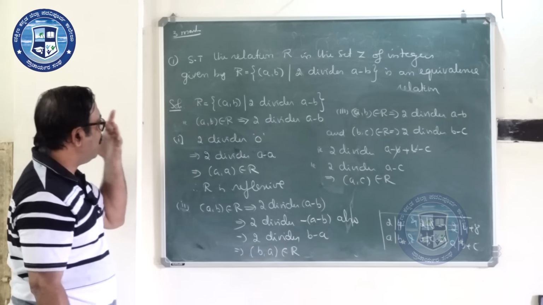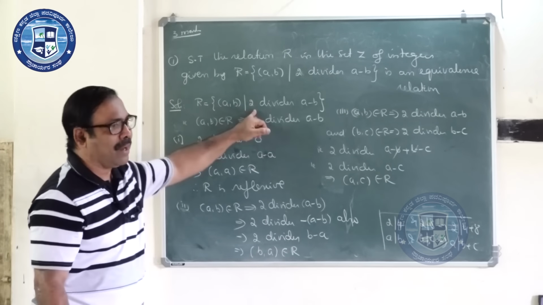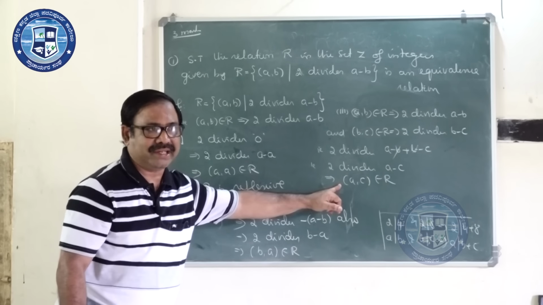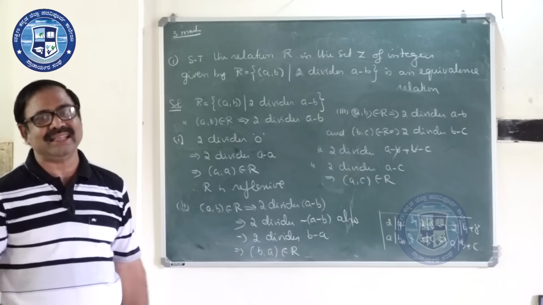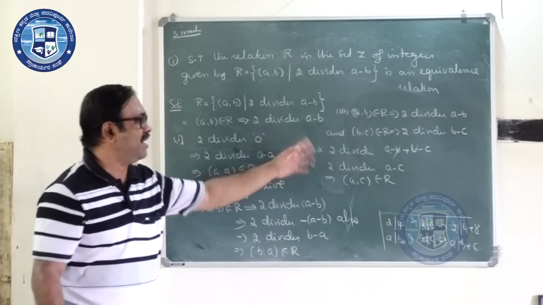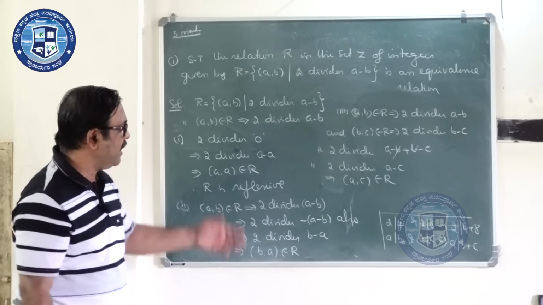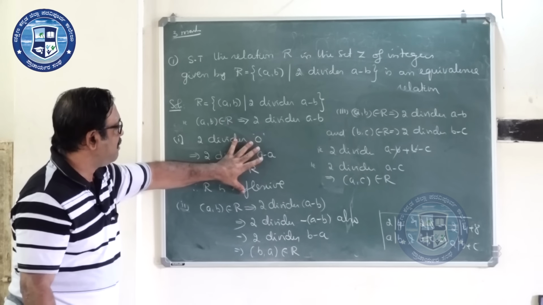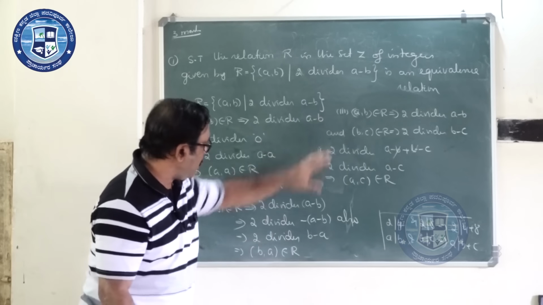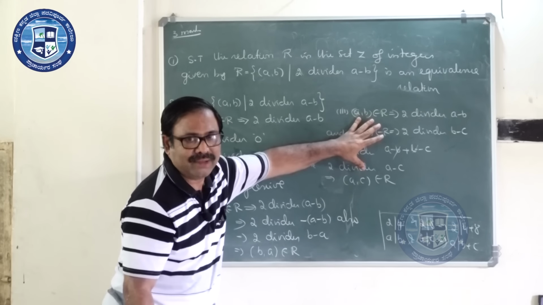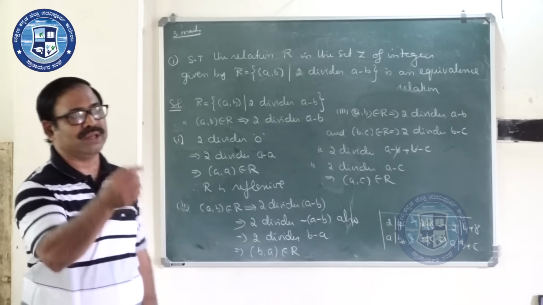So I have verified that this given problem is reflexive, symmetric and transitive. Hence the relation is an equivalence relation. So the final conclusion is very important. 1 mark for this step, 1 mark for writing symmetric, and 1 mark for the final one. Okay, so this is a 3 marks question.